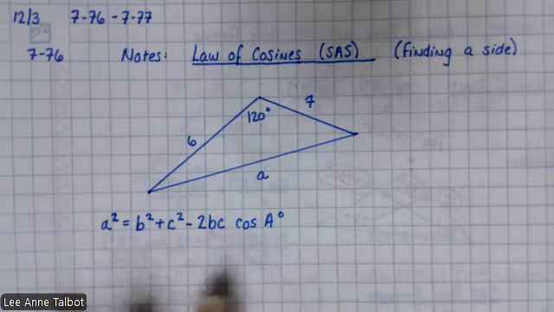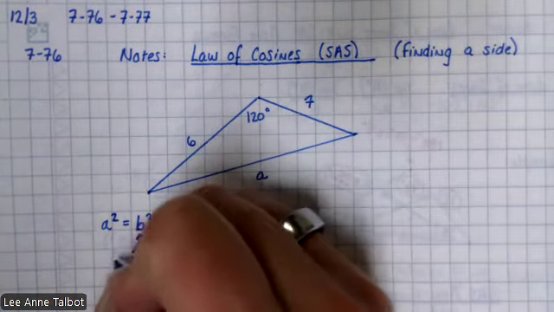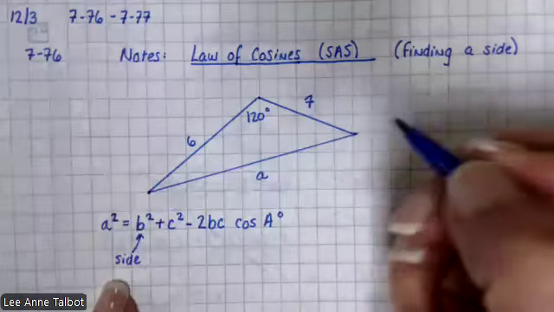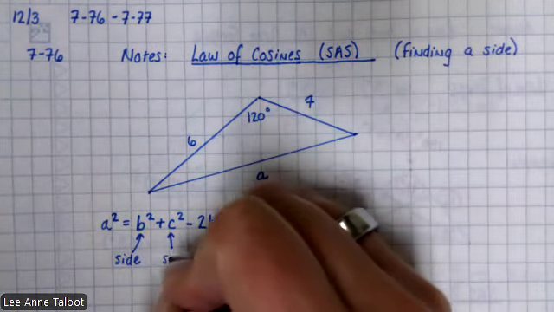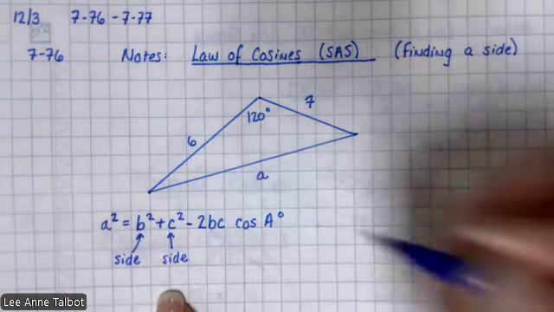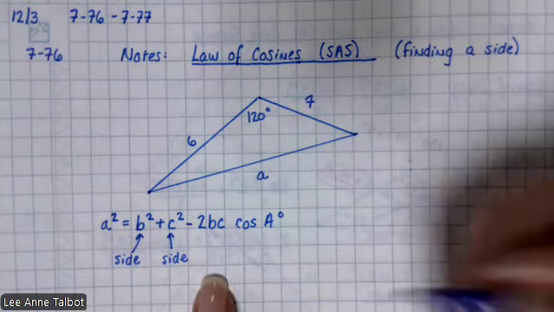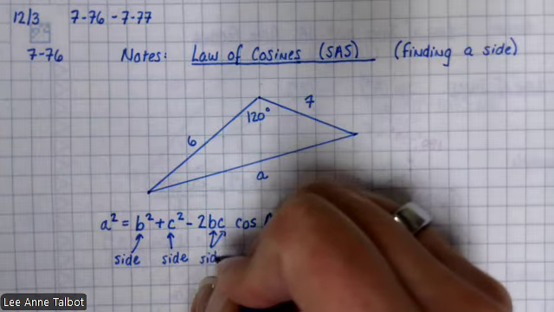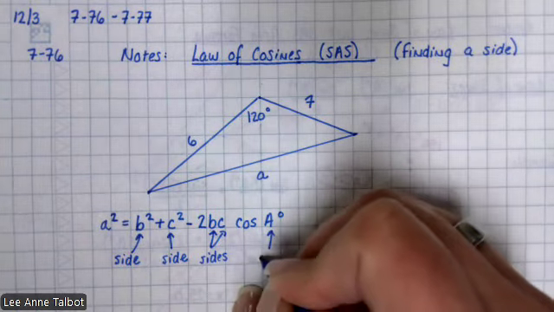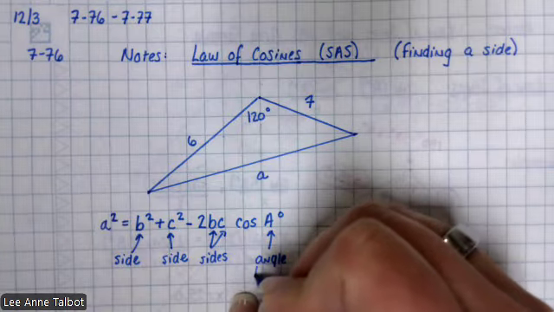Okay, so this is a side. This is the other side because they're b and c, so they're different letters. Sides, angle between them.